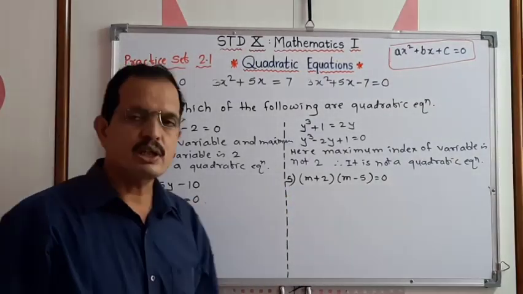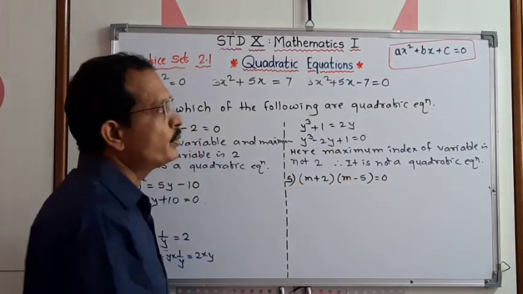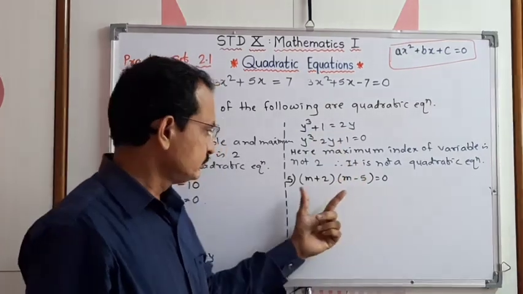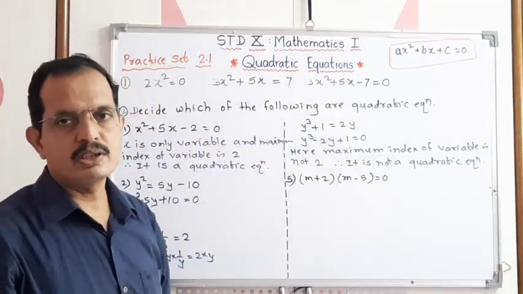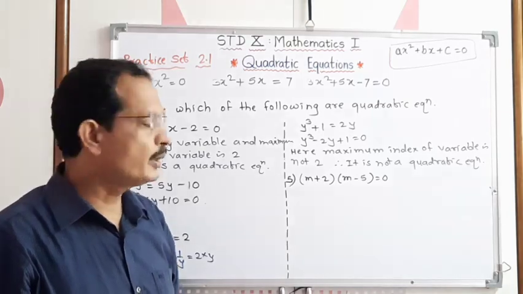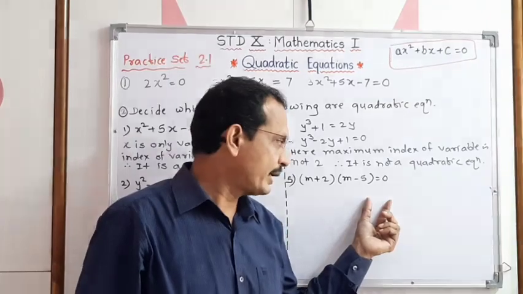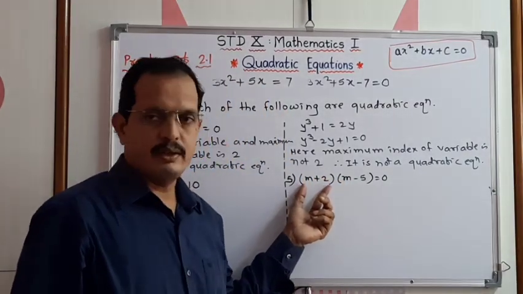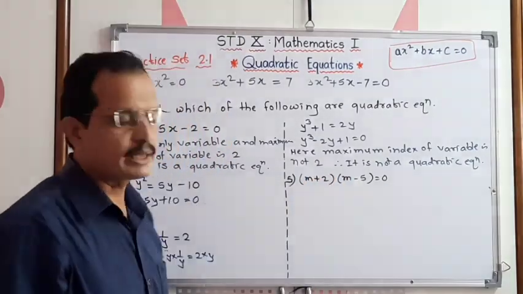Now we have to start with question number 5. See here, we have to try to write this equation in a standard form. Multiplication of 2 brackets is given. At that time we have to multiply every term of the second bracket with every term of the first bracket.